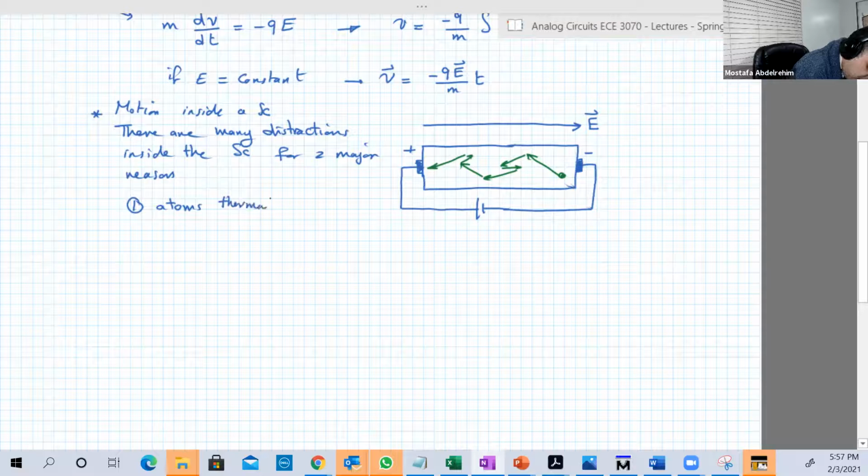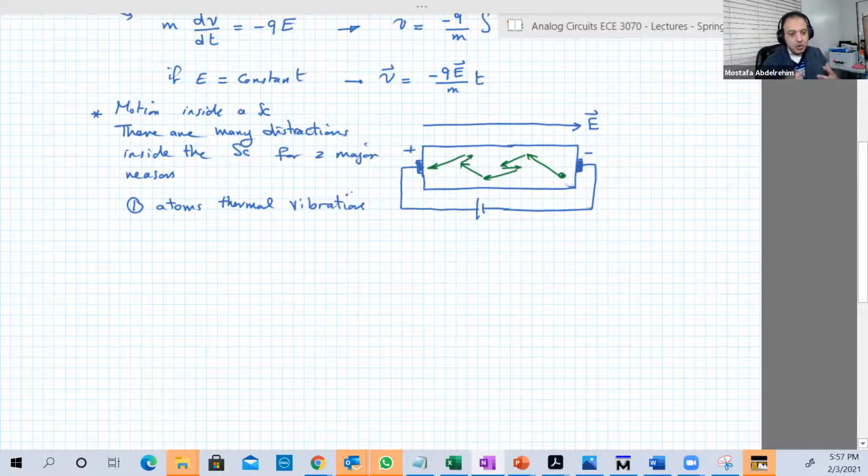Thermal vibrations. Atoms usually, due to thermal energy, and we said last time, if you put a sample in a room and this room has some temperature larger than zero, then you are applying some thermal energy to that material. Basically, if you have a temperature T, then you have a thermal energy equal to kT, where k is the Boltzmann constant.